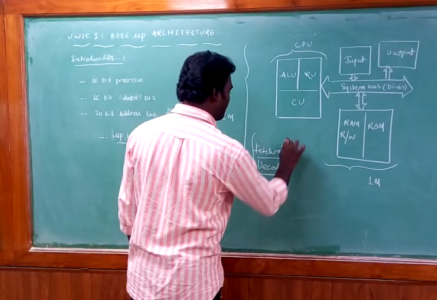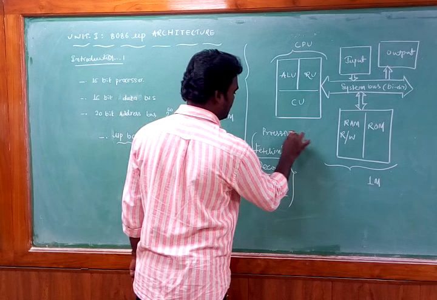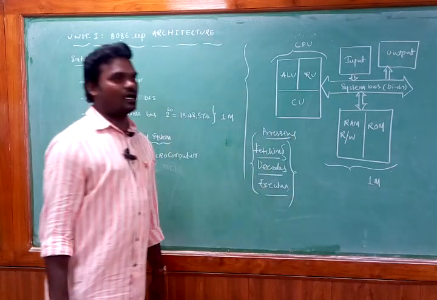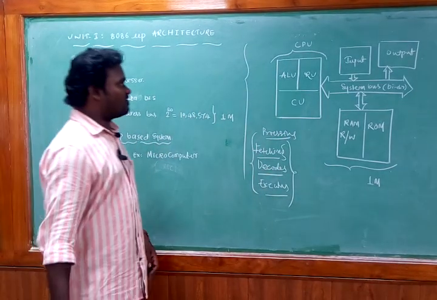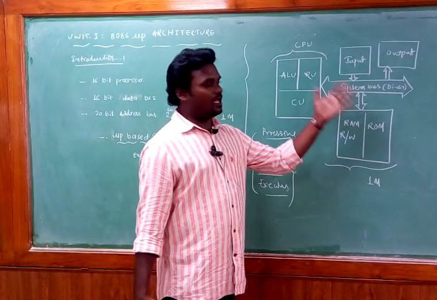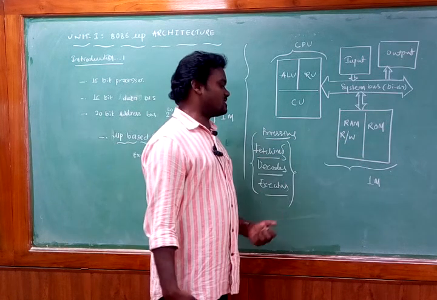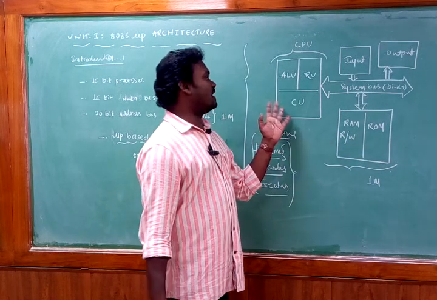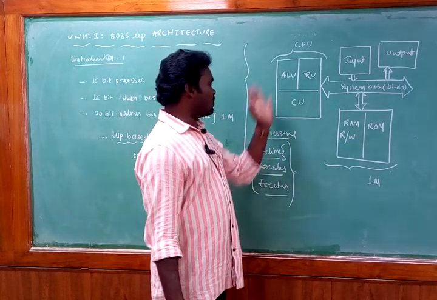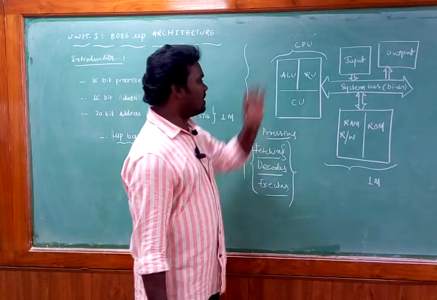These three are combinedly named the processing of a processor. So the working principle of a microprocessor is very, very simple. Whenever it gets the input from the input device, it fetches some instructions from the memory, decodes those instructions, and performs some operations on the given input signal.